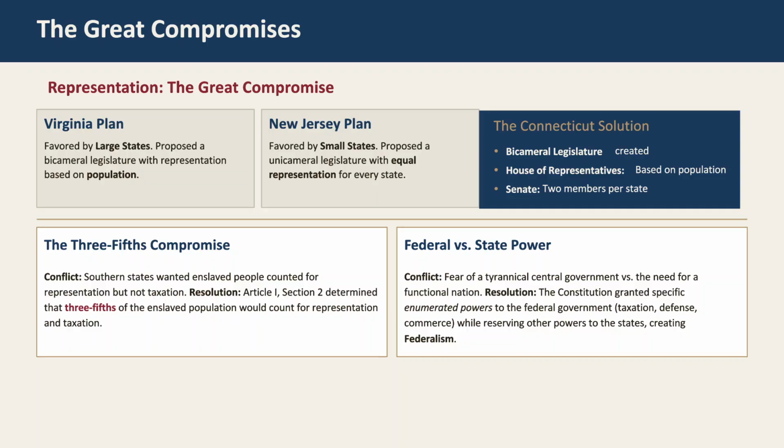Now, you may have heard that they viewed slaves as 3/5 of a person. It's not accurate. It was just based on the ability to have a count for representation in Congress.